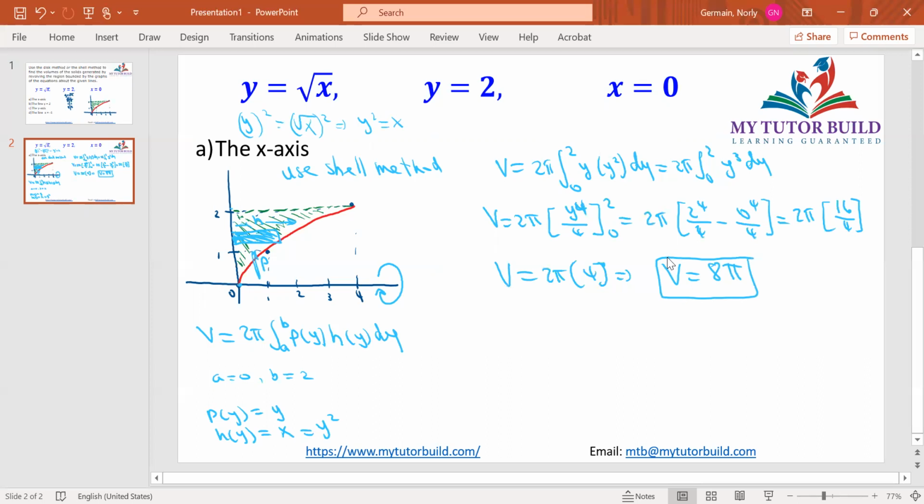So we said, first of all, you need to decide which method you're going to use. In this particular case, using the shell method is much easier, because when you have this empty spot from x equal to 0 to 4, it's going to be very hard to use the disk method.